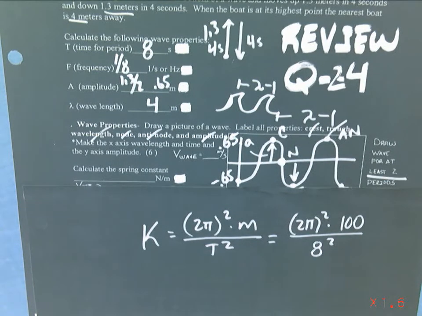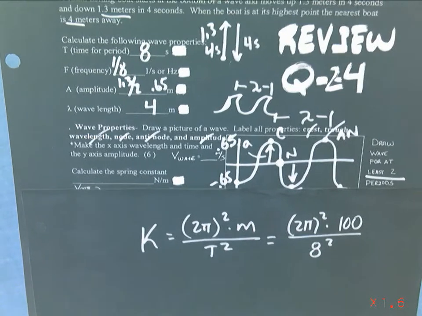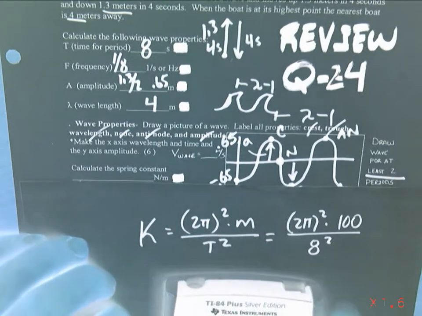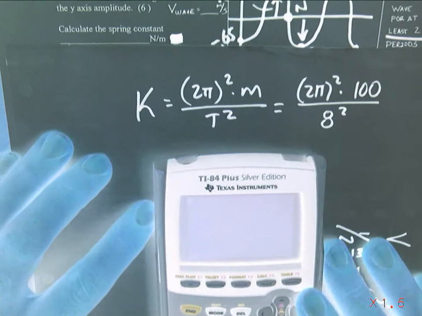Looks like I'm going to have to grab my calculator here. Hold on one second. Sorry, I was kind of avoiding that, but now that we're here, ooh, look at that, fancy.